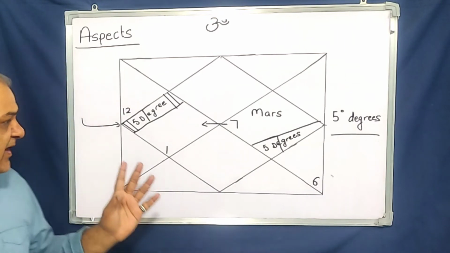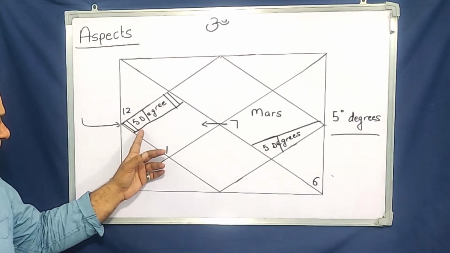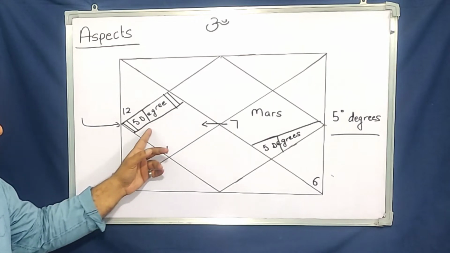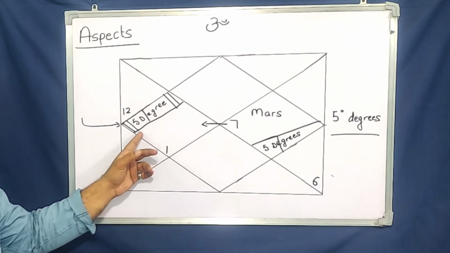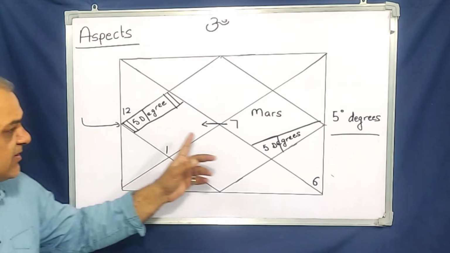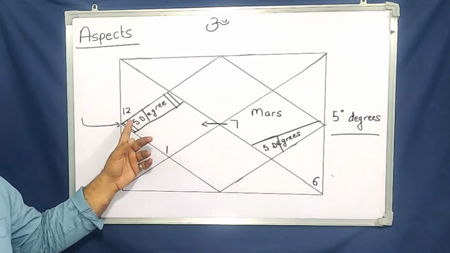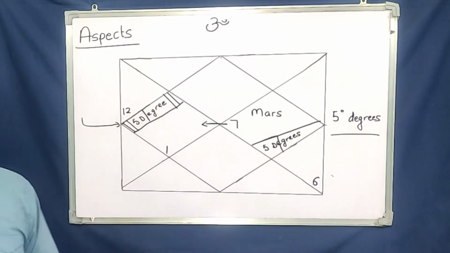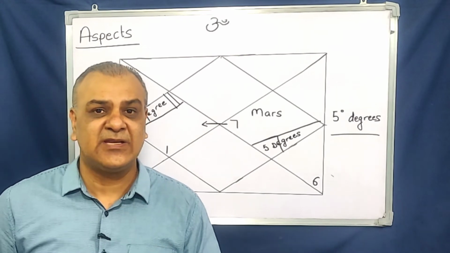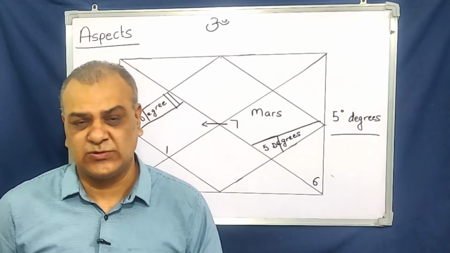Like from 5 degrees we can just assume it comes here. Because Mars is at 5 degrees, the impact would be till 5 degrees of that particular house.